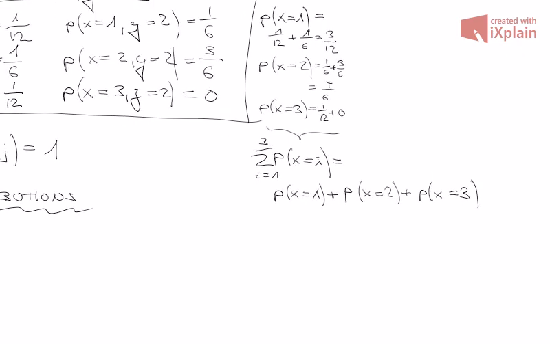There we have 3 over 12 plus 4 over 6 plus 1 over 12. So 4 over 12 plus 1 over 12 are 4 over 12.